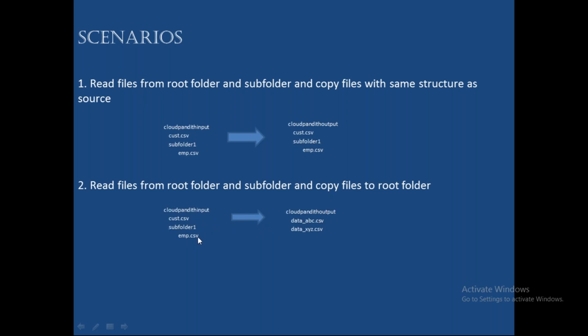Next, the emp.csv file you are bringing into data_xyz.csv. What it means is, when you are bringing the subfolder files and main folder files, all the file names will be renamed. Can you guess and tell me why they are renaming these files when we are moving the subfolder files and main folder files into a single folder?